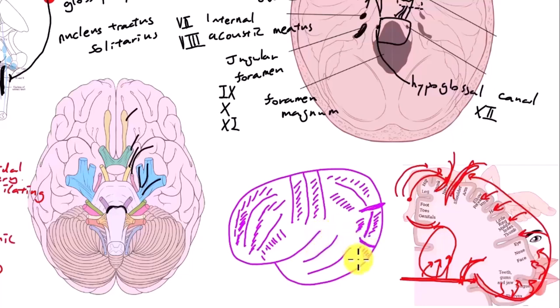In the temporal lobe, this area is superior temporal gyrus, this is middle temporal gyrus, and this is inferior temporal gyrus. Some other important landmarks are these two regions, the supramarginal gyrus and angular gyrus.